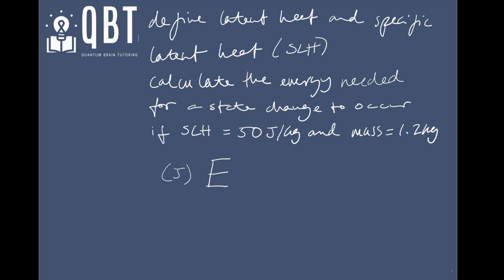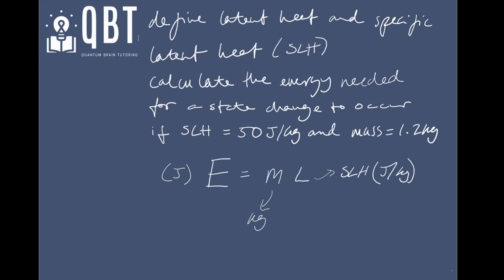It's without a temperature change. And specific latent heat is written as L, like so, and we say that the latent heat is equal to mL, where m is mass in kilograms and L is your specific latent heat in joules per kilogram.